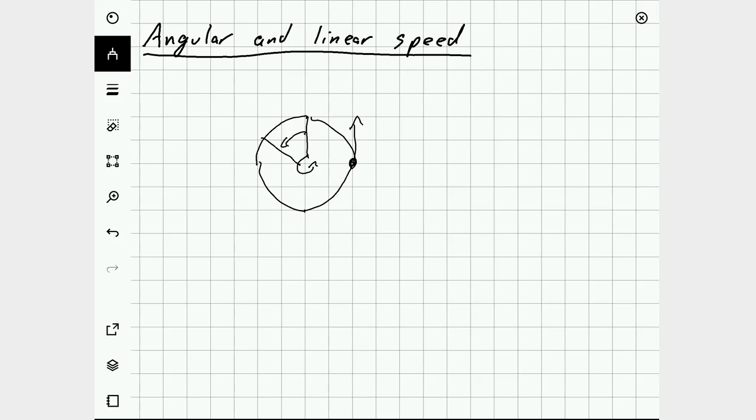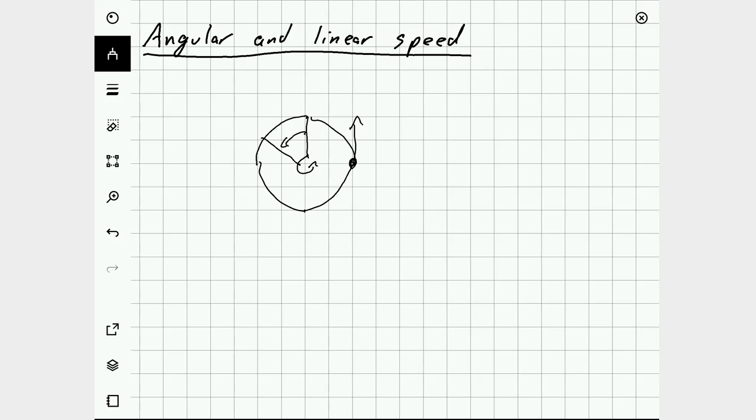If we're looking at, say, a bicycle wheel or the tread of a car tire, then the thing we care about is the outside edge of the shape. But we could just as easily be worried about some piece in the middle and thinking about how fast is that piece going in a linear sense.